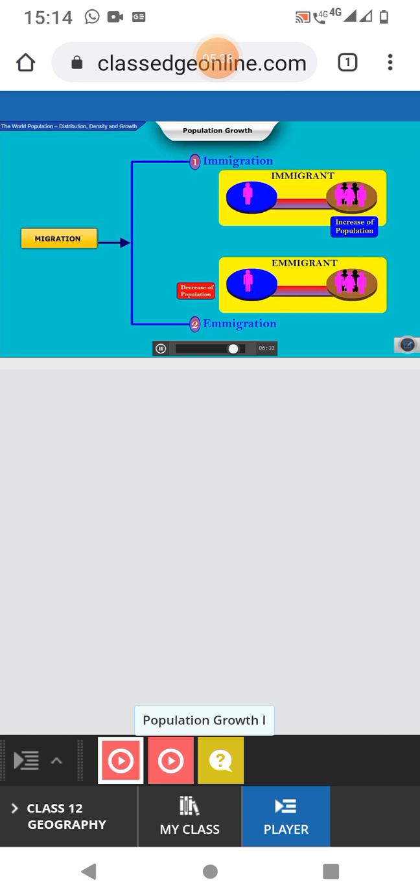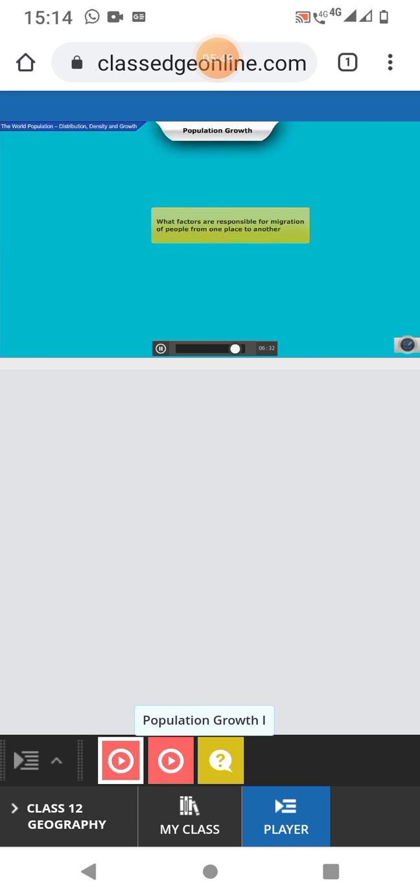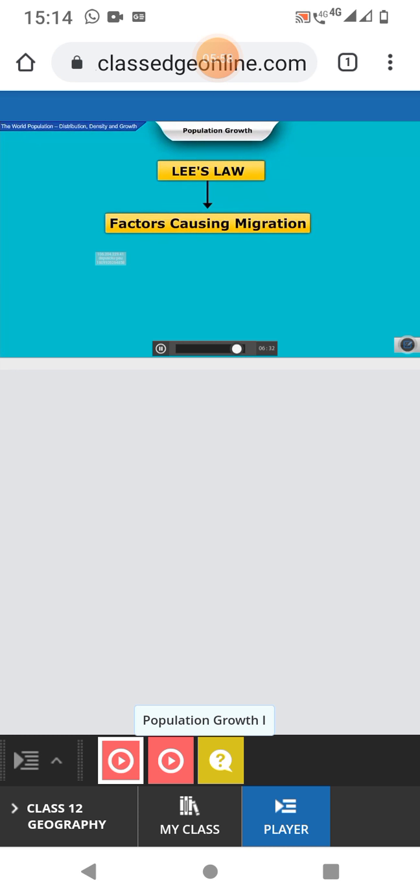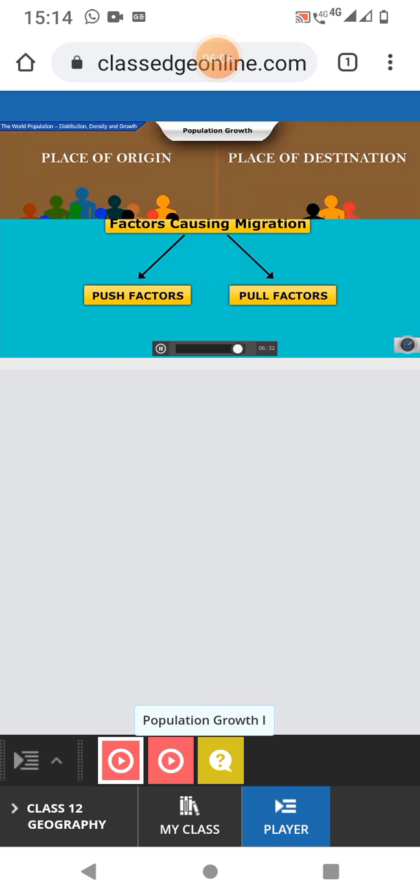From the above two discussions, it may be stated that a person at a time can both be an immigrant and an emigrant. What factors are responsible for migration of people from one place to another? Lee's law divides factors causing migration into two groups of factors: push factors and pull factors.